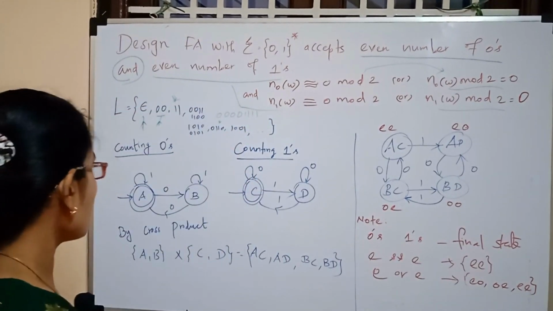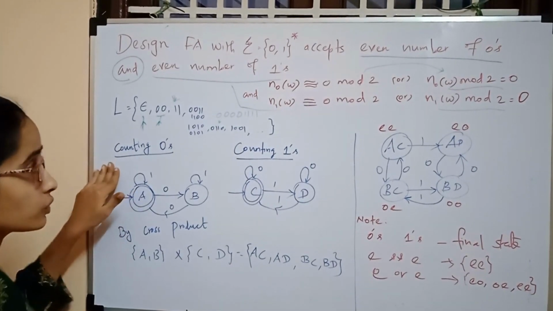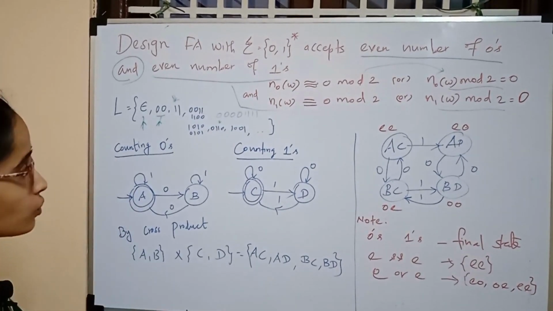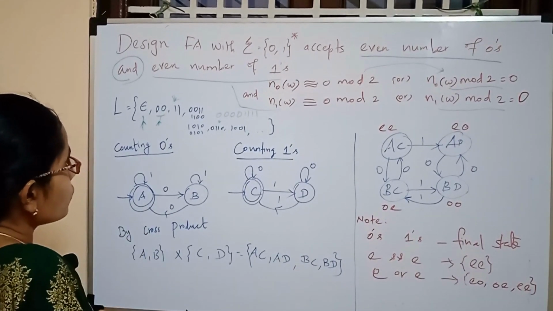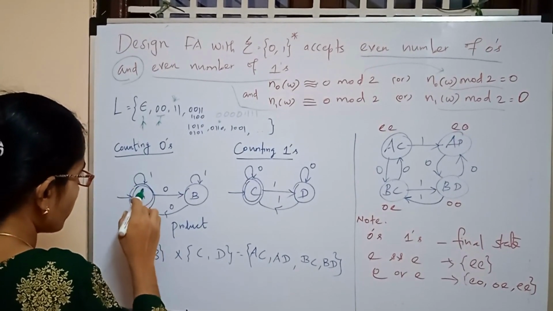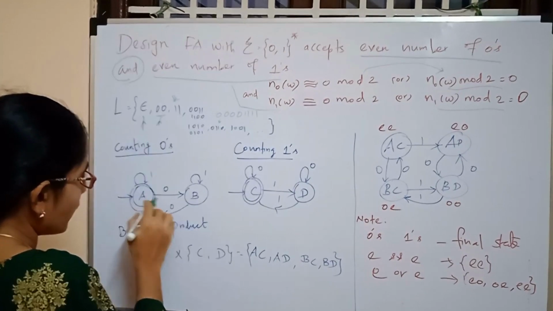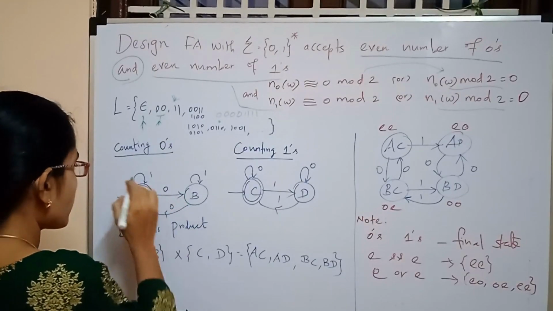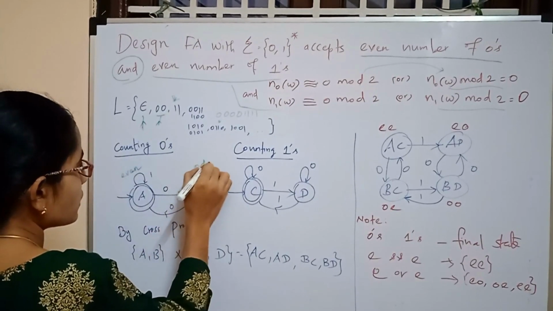First, counting zeros, we have to check the even number of zeros. We all know that for even number of zeros, epsilon will always be a member. So I will have the starting state as the final state. In the previous lecture we were saying that this is the even state, this is the odd state.